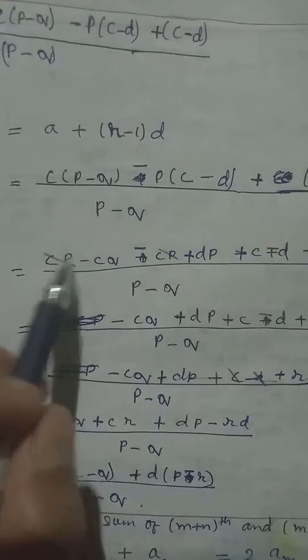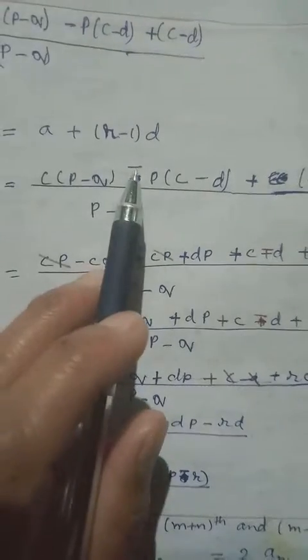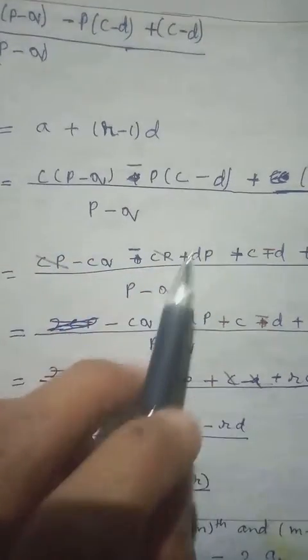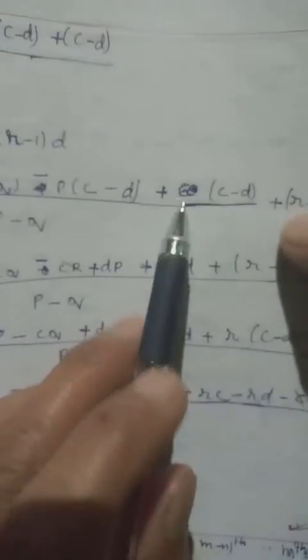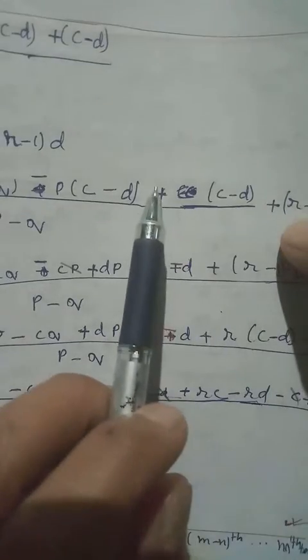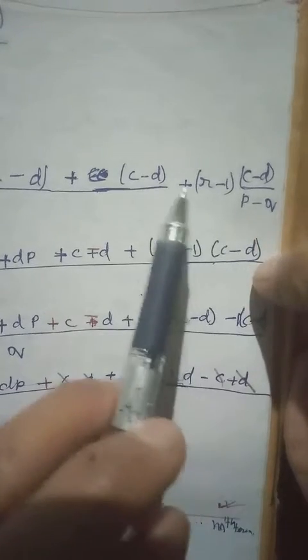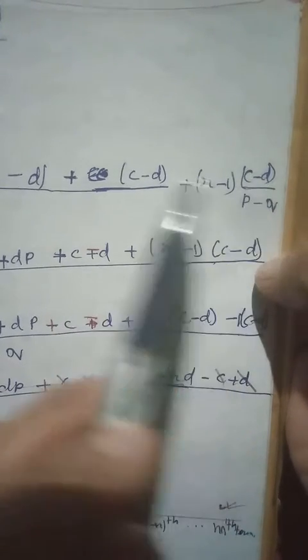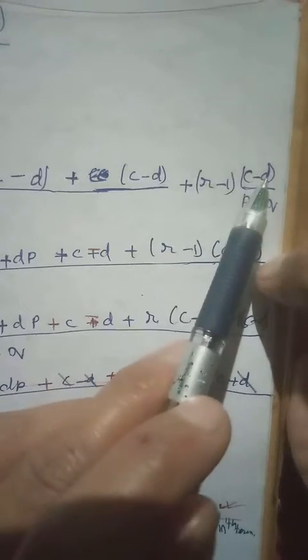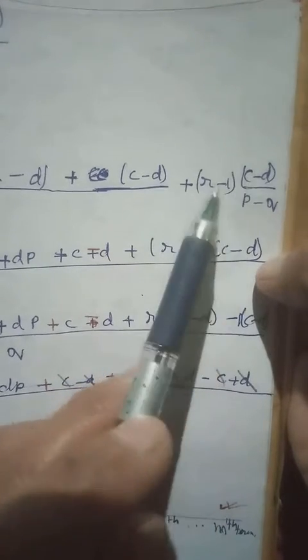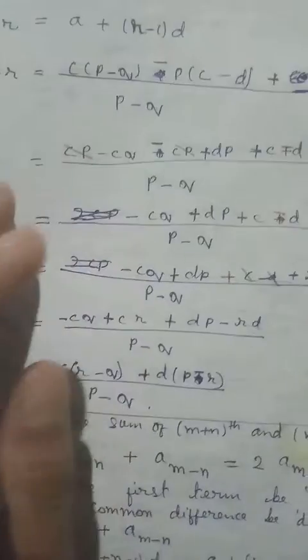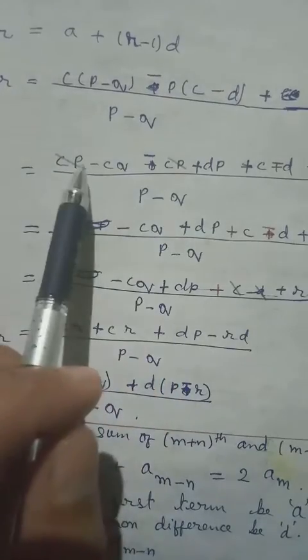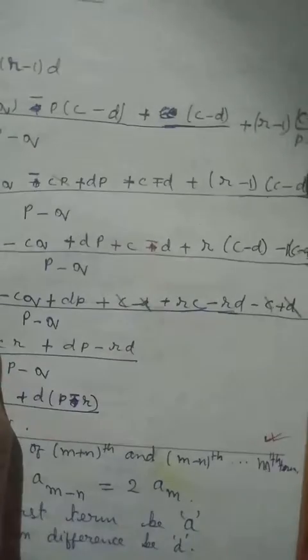So let's multiply them. Then after that we can see what we can combine. C into P, CP; C into Q, CQ; minus PC, minus into minus, plus P into D. Then we have plus C, then minus D. Then here we can multiply R into (C minus D): R into C, R into D, then minus 1 into C, minus into minus, plus D. Here you see CP minus CP cancel.